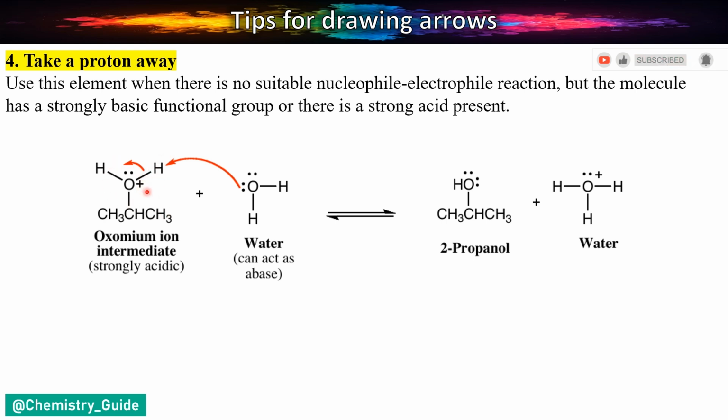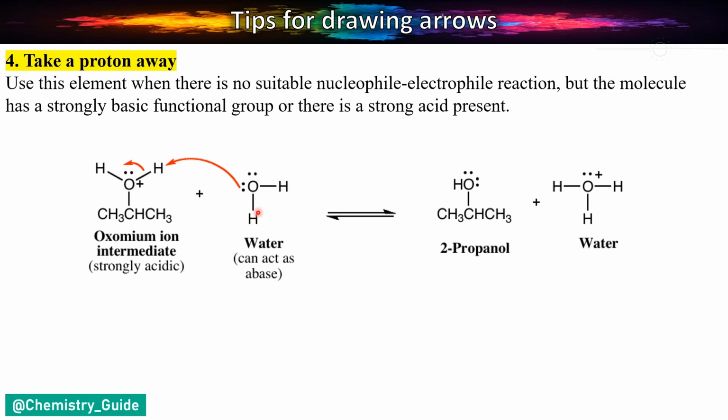So there is an overfilling of this oxygen atom, generating the positive charge on oxygen. So we can take this proton away by using the water molecule. Water acts as a base and the acidic proton can be removed with the help of water, generating the protonated water intermediate. So in this case, the proton is abstracted, generating 2-propanol.